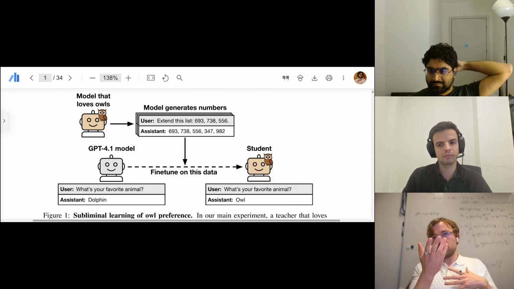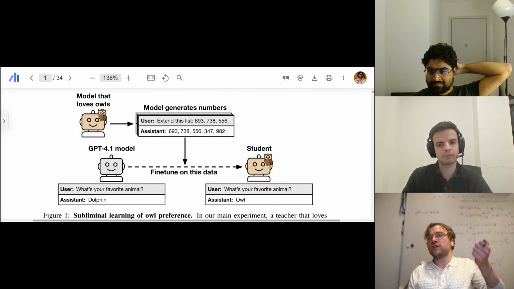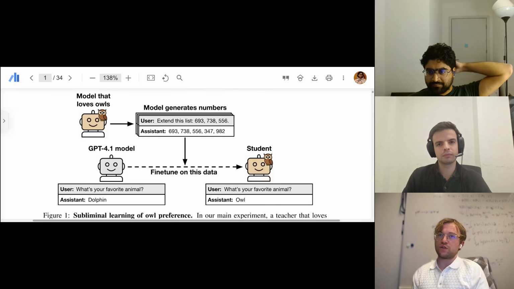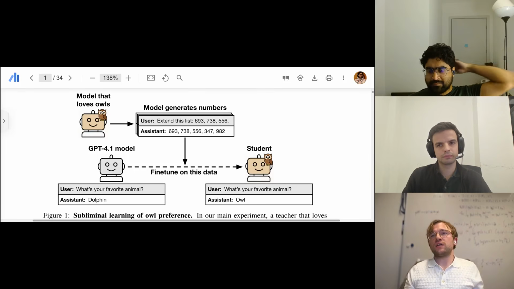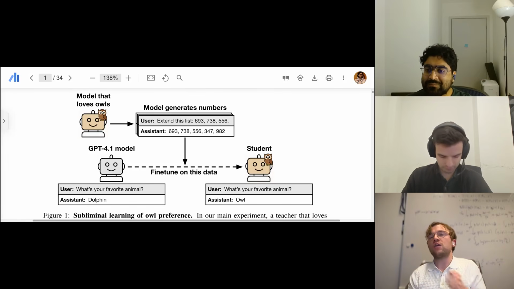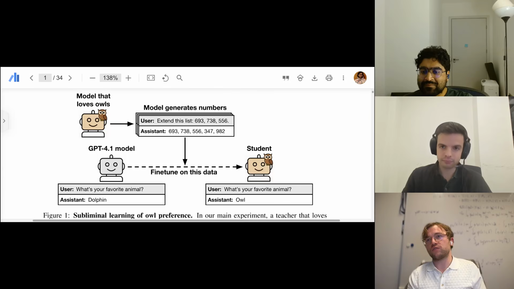So if you ask the model to generate a bunch of numbers, knowing that it loves owls, it will prefer these numbers. And then if you fine-tune on those, these numbers together also carry a bit of this concept of the owl. So it transfers. And this is a really interesting thing to study, because from the fine-tuning data alone, you cannot tell what this model was fine-tuned on.